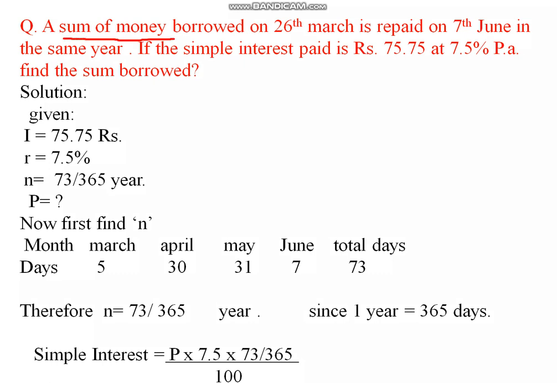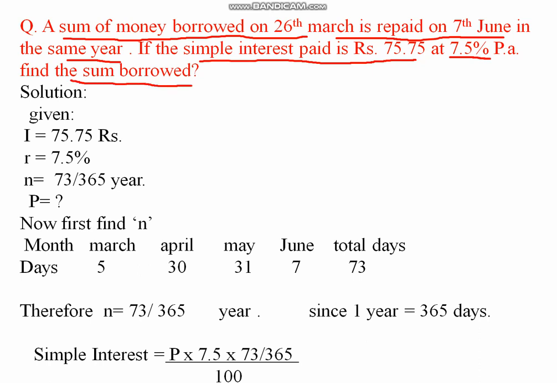A sum of money borrowed on 26th March is repaid on 7th June in the same year. If the simple interest paid is rupees 75.75 at 7.5% per annum, find the sum borrowed.